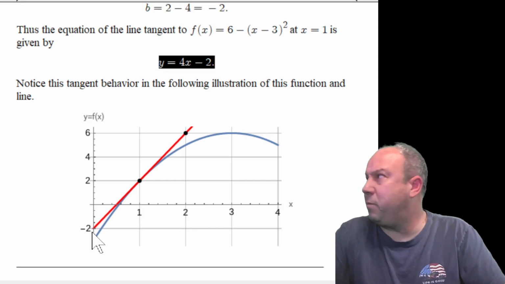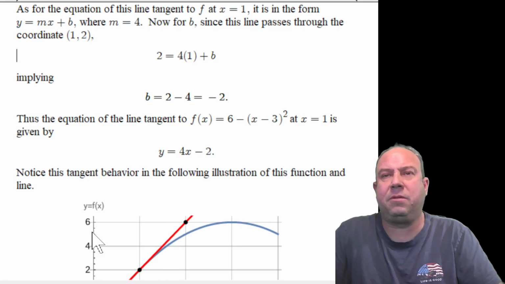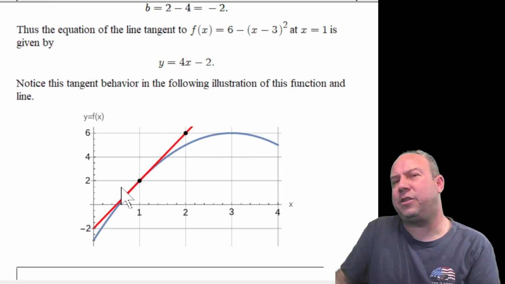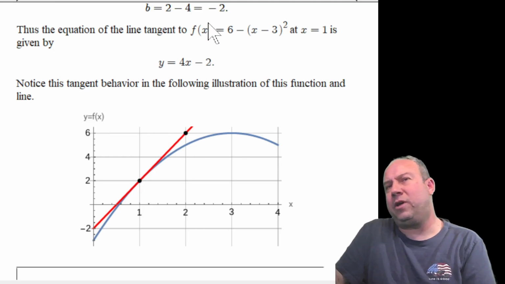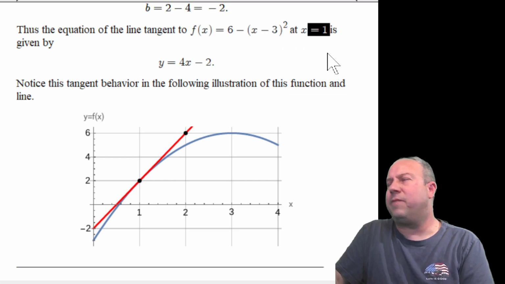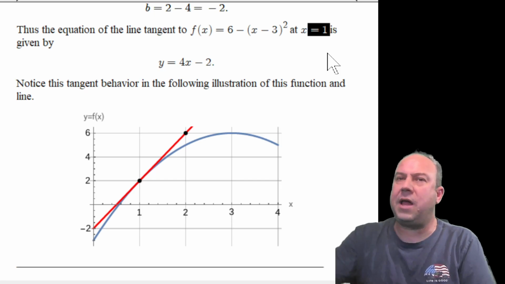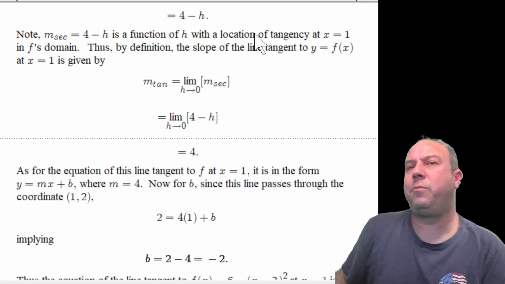This is called the slope of the tangent line problem, folks. And you can see here it's a math problem. How do we find the equation of this line tangent to this curve at this point, if all I know to begin with is how to define the curve and where I want to find the tangent line? Well, I can apply limits to the description of the slope of the secant line.